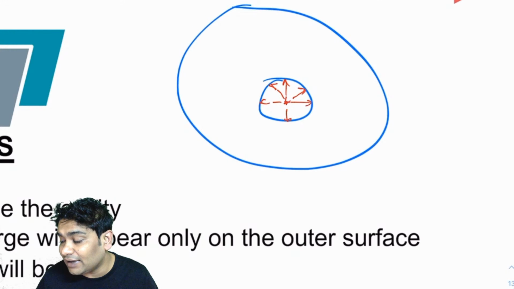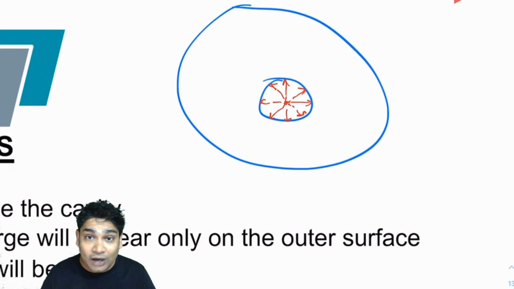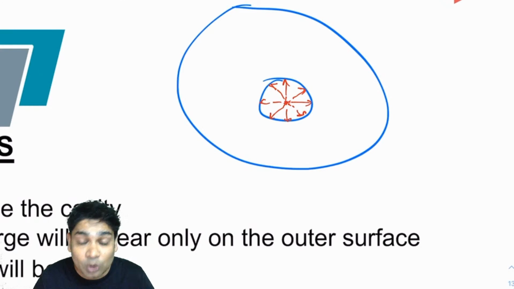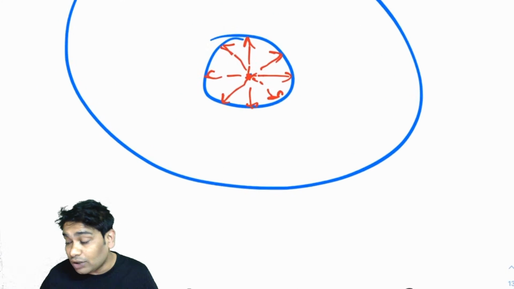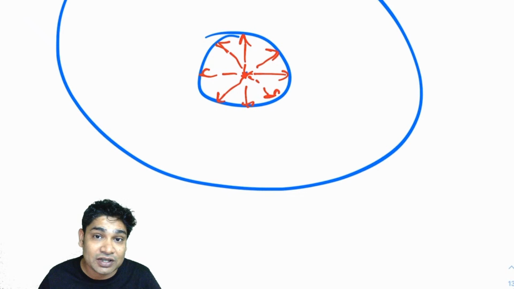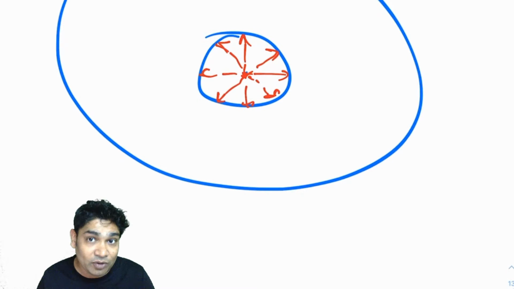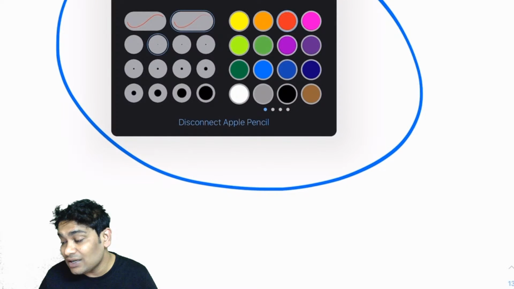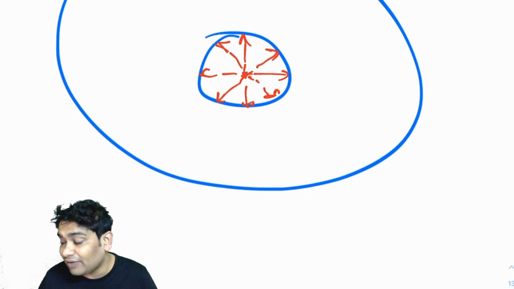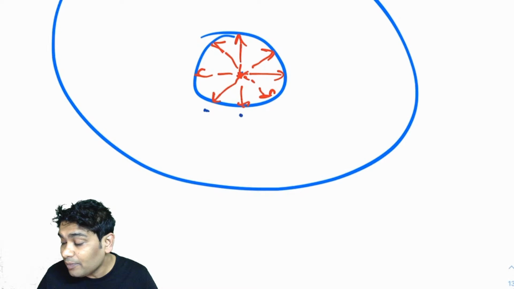All these electric lines have to terminate on the inner surface because they cannot enter the volume of the conductor. Remember this: no electric field lines can ever enter the volume of the conductor. In order to terminate these lines, you need negative charges, because electric field lines originate from positive charge and terminate at negative charges. Since in this case the electric field lines are reaching everywhere uniformly, the negative charge appearing would distribute itself uniformly.